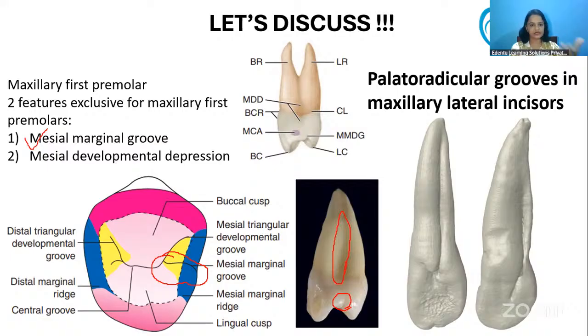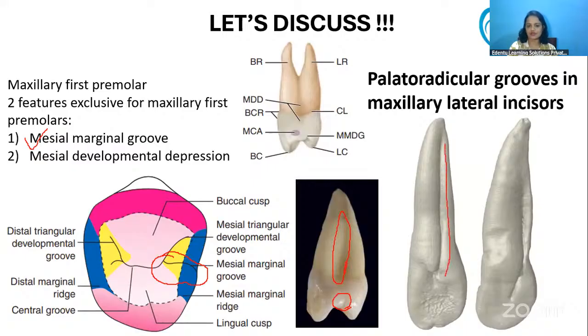They can give an image like this, mark it like this, and ask you in which tooth you will be seeing such anatomical structures also. So you must be prepared for that. And then there is another groove that is present in the maxillary lateral incisors, which are called the palato-radicular grooves.